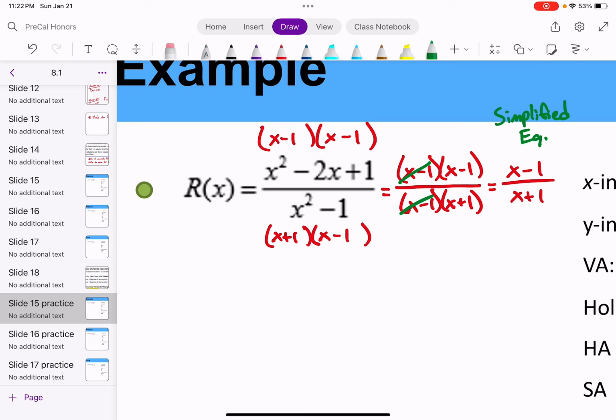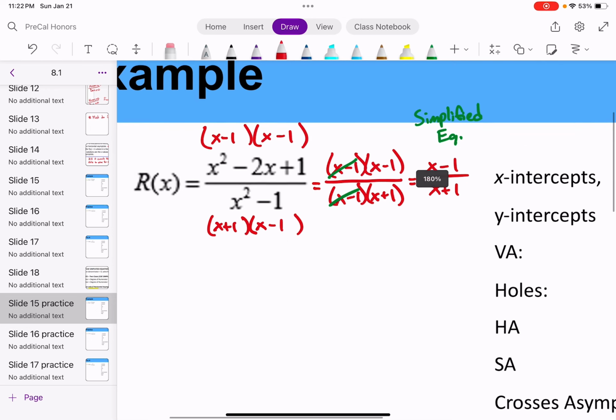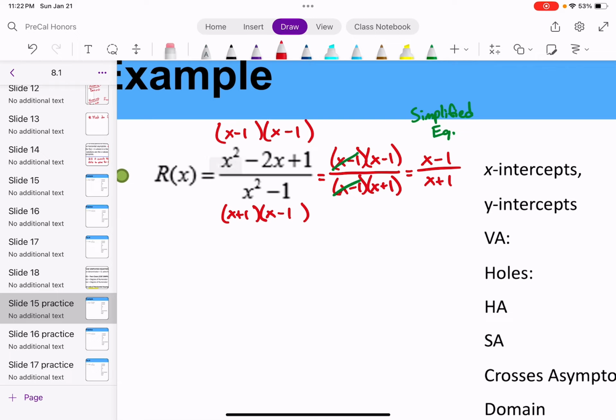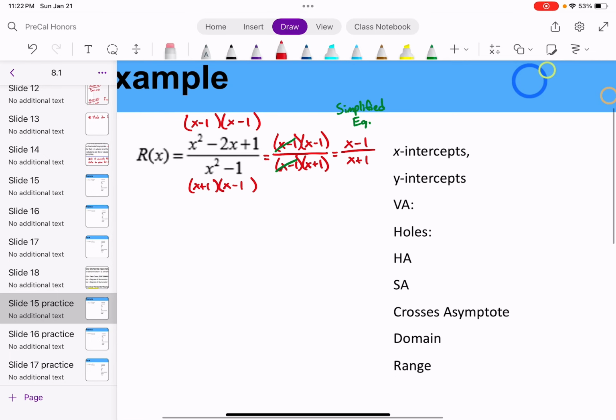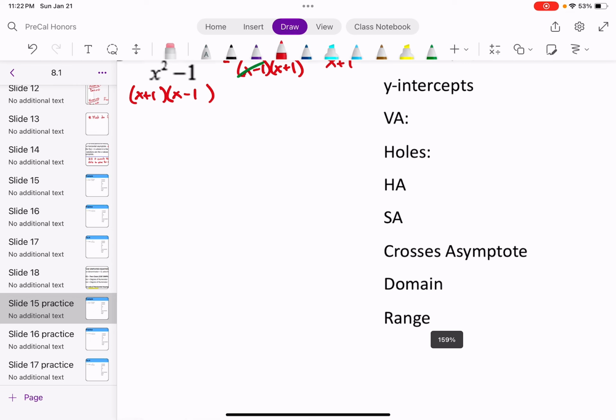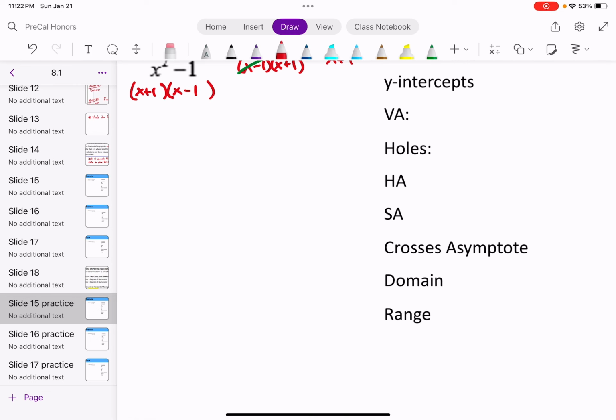Okay, and that's very important because that's what we're going to be using throughout this entire problem. Now, since we were breaking down the equation as a whole, one thing we could easily figure out was our domain. So our domain comes out of our denominator. So x plus 1 and x minus 1 are both set equal to 0, and we're going to figure out what x cannot be.